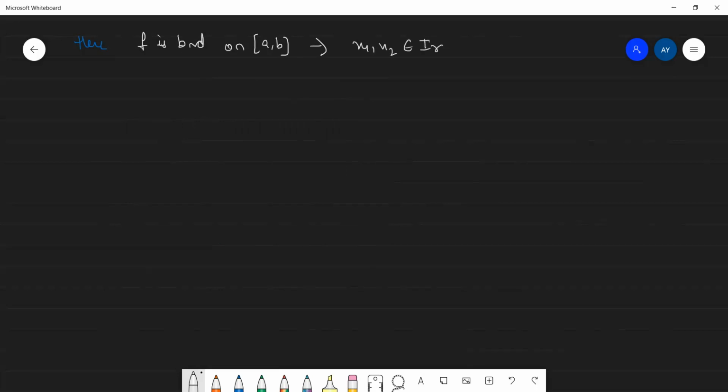So I'm taking f of x1 as the supremum and f of x2 as the infimum. We are just considering x1, x2 as some elements in subinterval Ir. So I'm just taking that as supremum and infimum. Now what is capital Mr minus small mr? This is equal to mod of f of x1 minus f of x2.